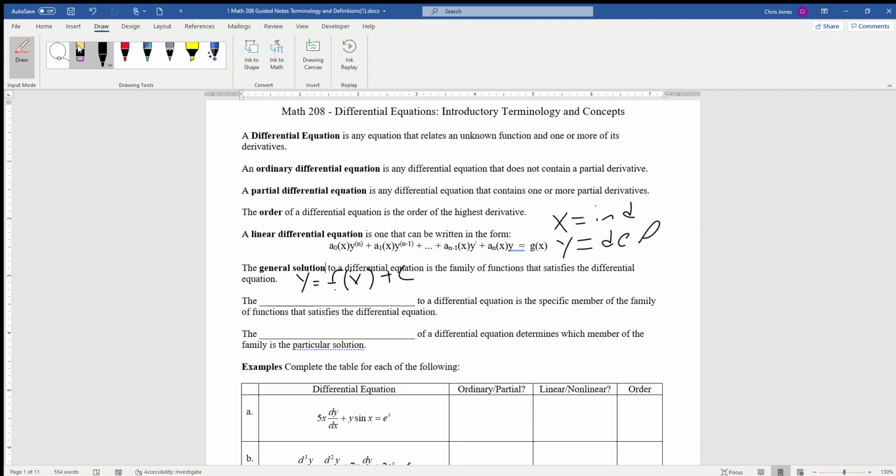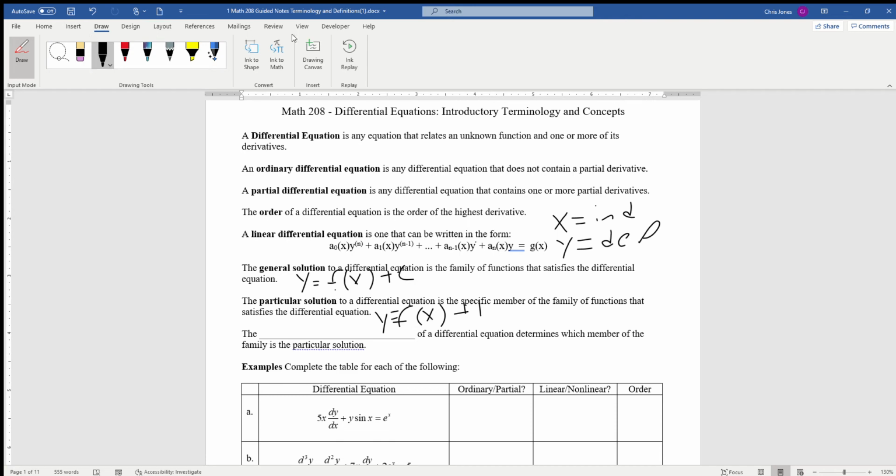However, we have a particular solution, and the particular solution is a specific member of the family. So for instance, we might have y equals f of x plus 1 to be a specific member of the family.